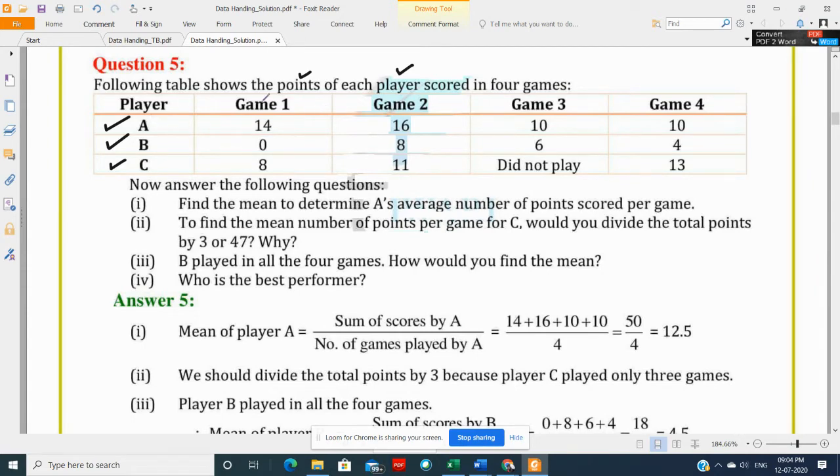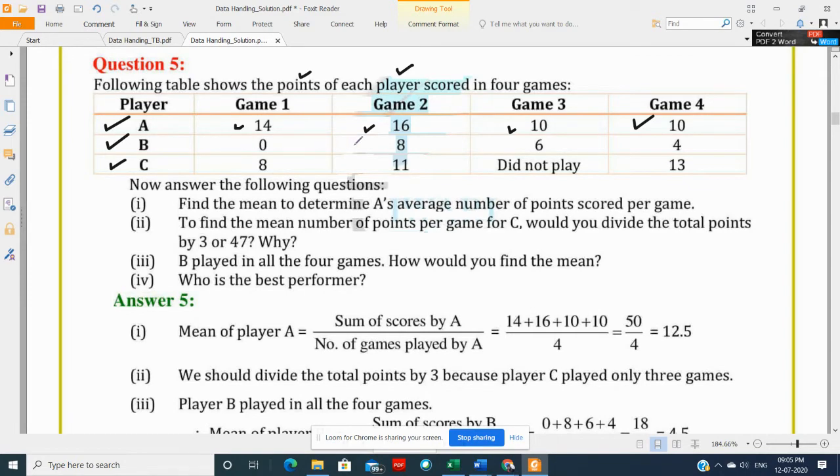ये प्लेयर ए ने गेम 1 में 14 पॉइंट्स, गेम 2 में 16 पॉइंट्स, गेम 3 में 10 पॉइंट्स, गेम 4 में 10 पॉइंट्स, राइट. तो इस तरह से ये सारे पॉइंट्स हैं जो गेम 1, 2, 3, 4 के दिए हुए हैं. So these are the player A points.